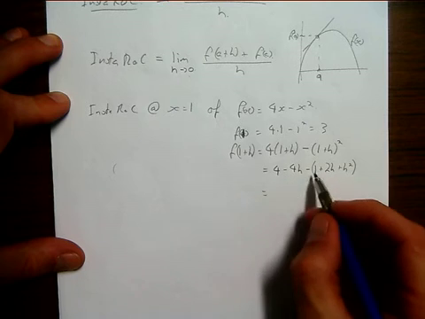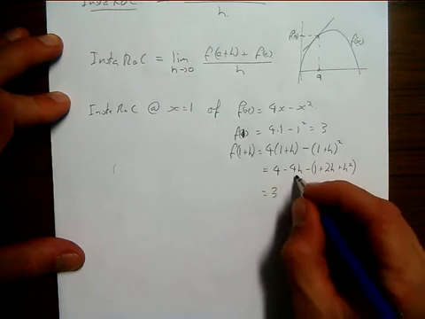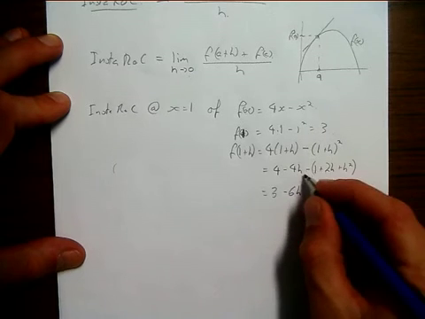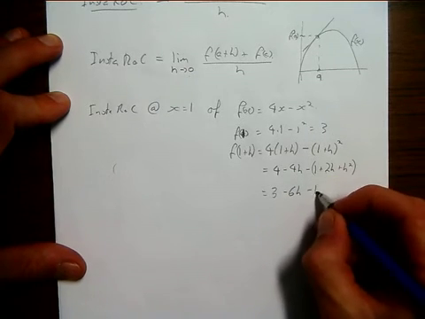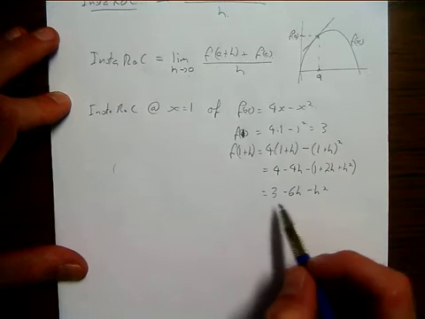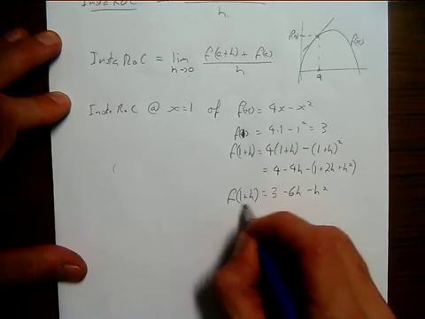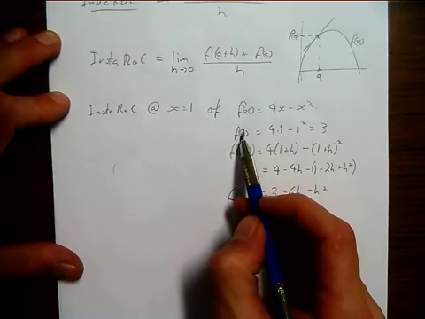So that's 4 take 1, which is 3. Negative 4h take 2h is negative 6h. And then we've got negative h squared. So this is f of 1 plus h, and f of 1 is 3.